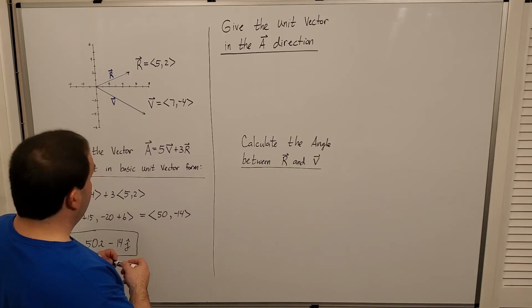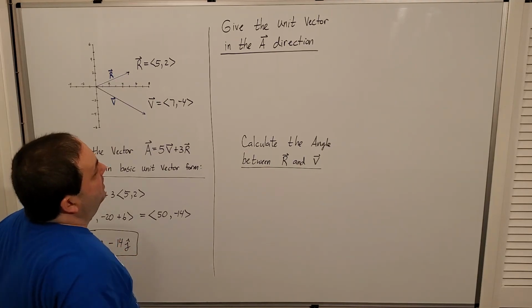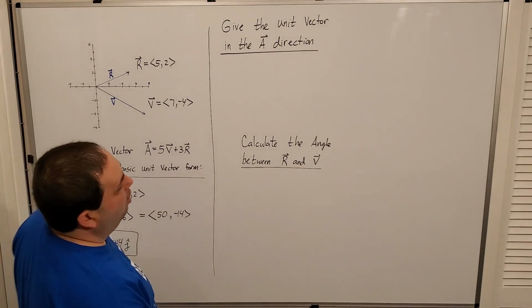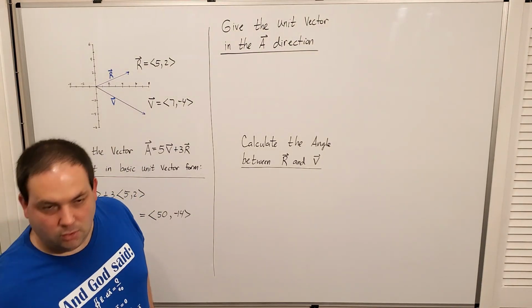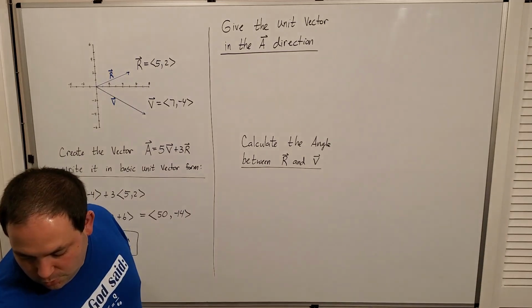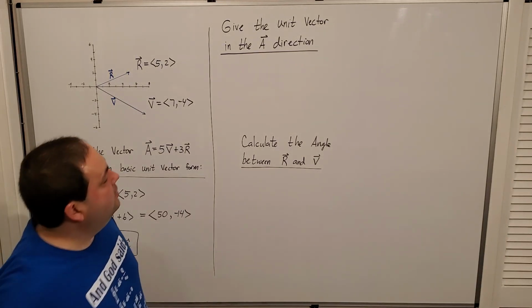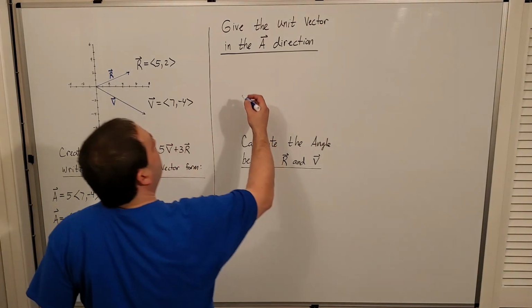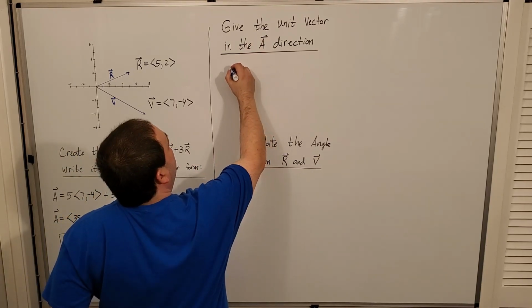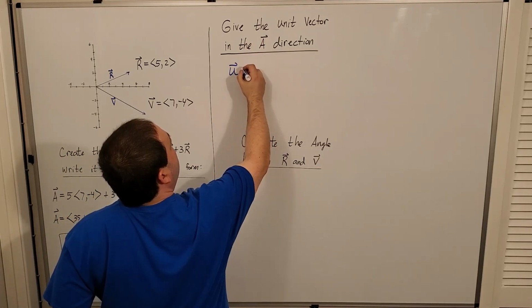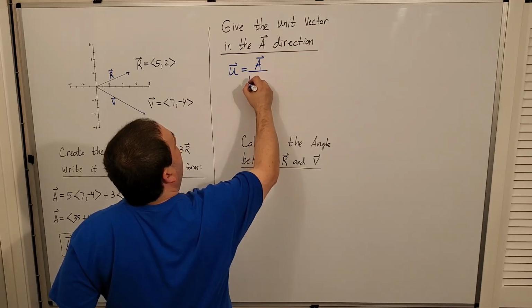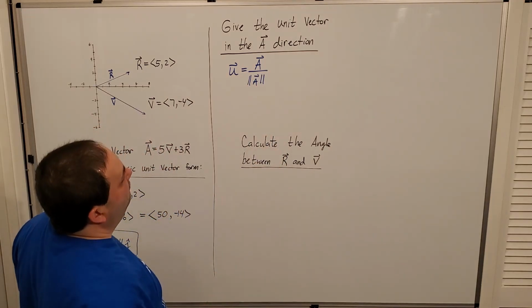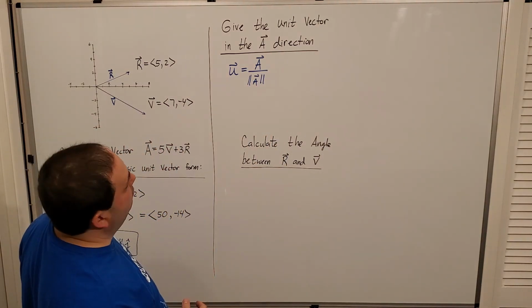Okay, now what about the unit vector in the a direction? Let's call that unit vector vector u. We'll be a little original there. We'll call it vector u for unit vector. So then this u would be equal to the vector a divided by its own magnitude. And that's how we get a unit vector from an already created vector.